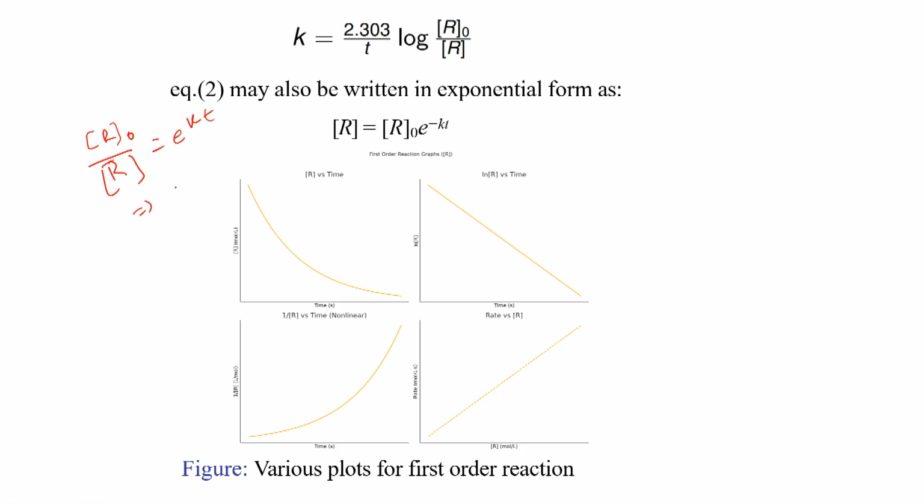If we rearrange this, we get R is R naught by e to the kt, and so we get this expression.